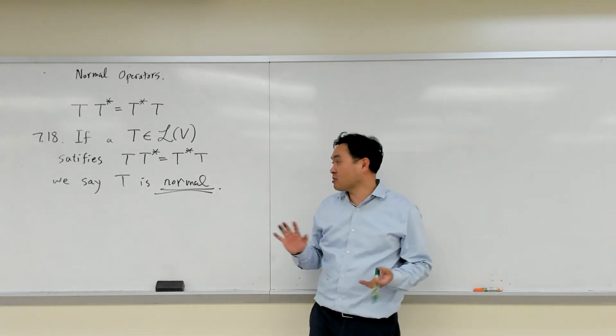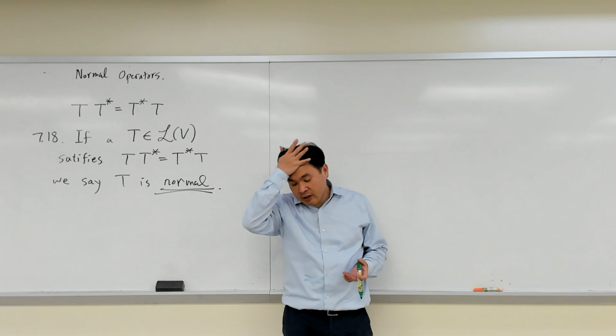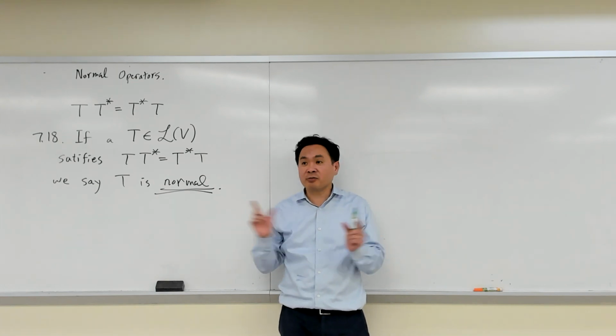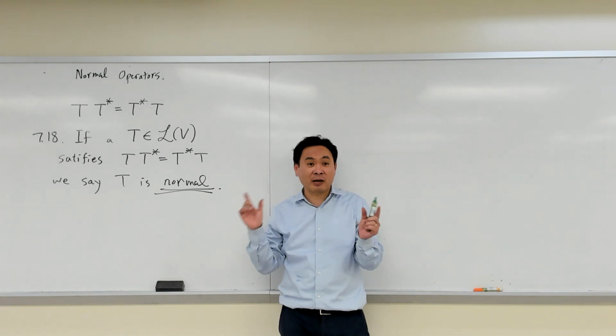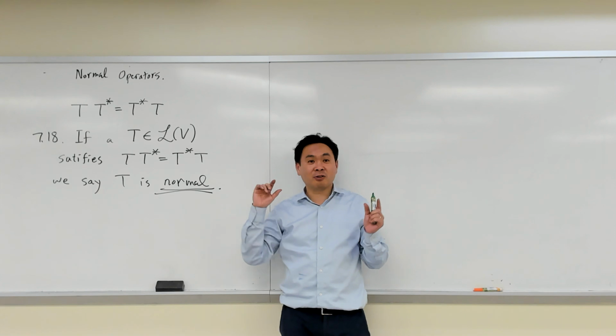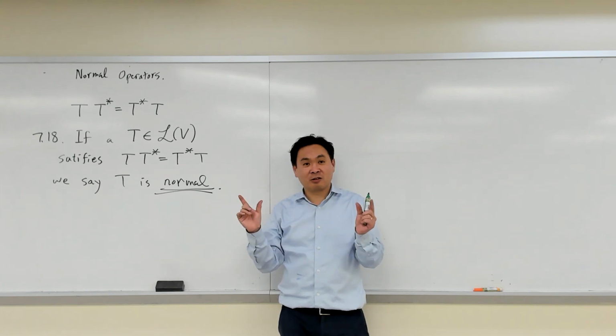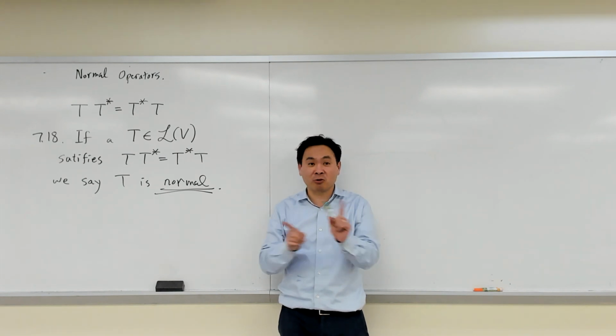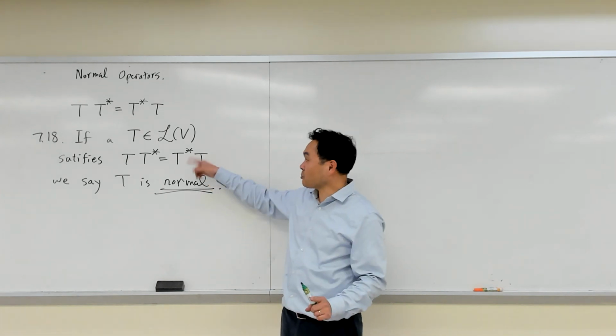I mean, certainly we know that if you have two eigenvectors that have different eigenvalues, then they're linearly independent. But for this one, if you have eigenvectors that have different eigenvalues, then not only are they linearly independent, they are orthogonal to each other. Okay? So that's what normal is.